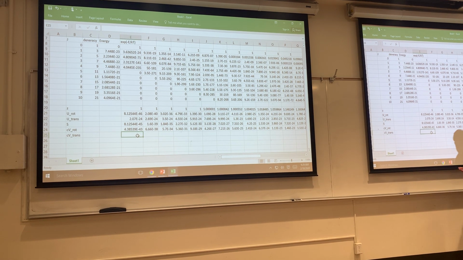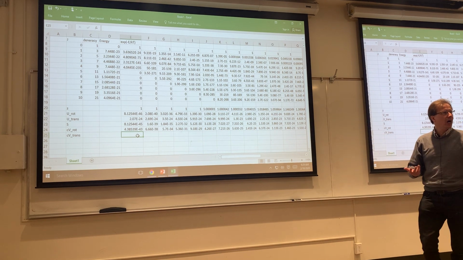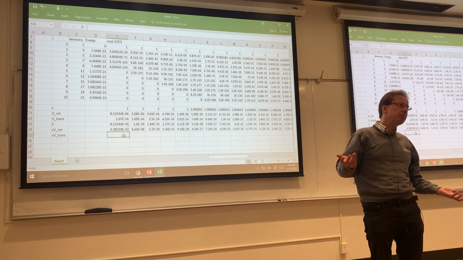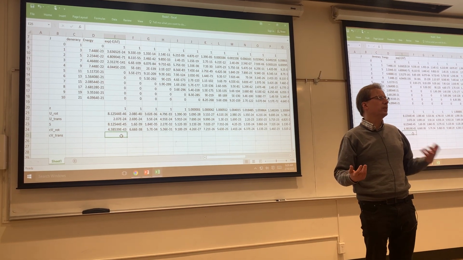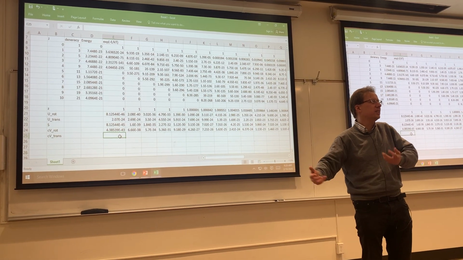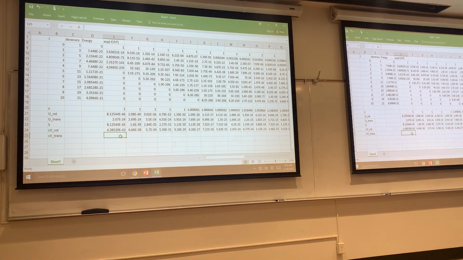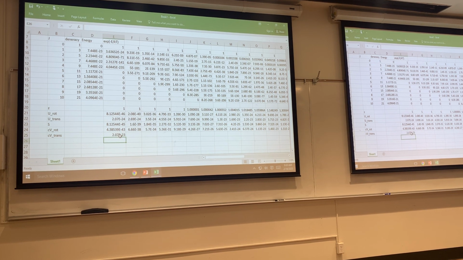If internal energy of our system is 3/2 K Boltzmann times T, then the heat capacity is the first derivative by T of that. First derivative of 3/2 K Boltzmann times T is just 3/2 K Boltzmann. So this one here equals 3/2 times K Boltzmann. And that is constant.